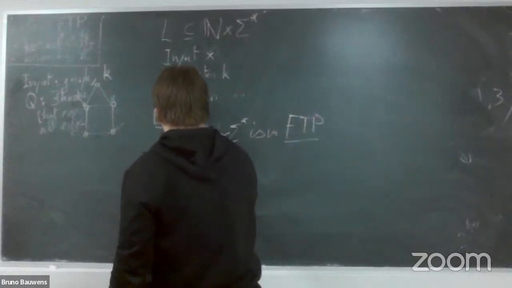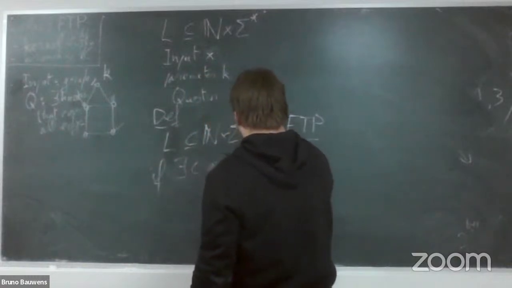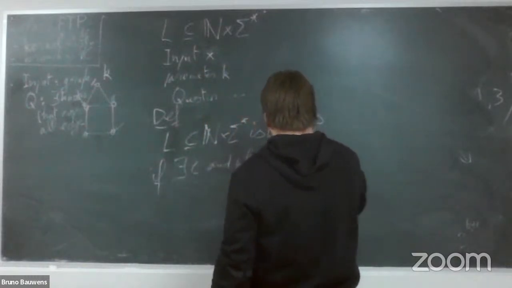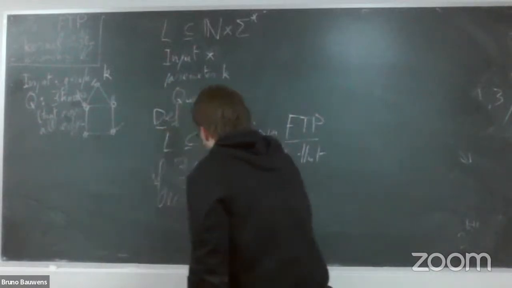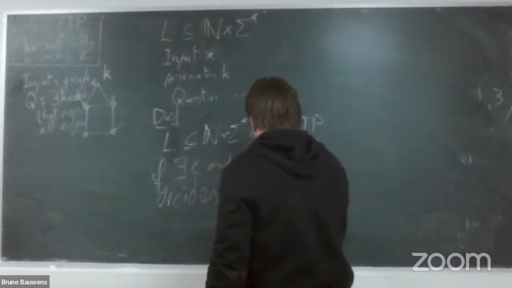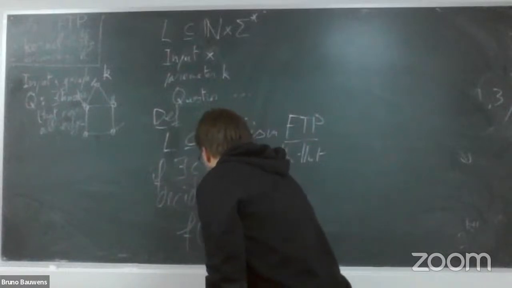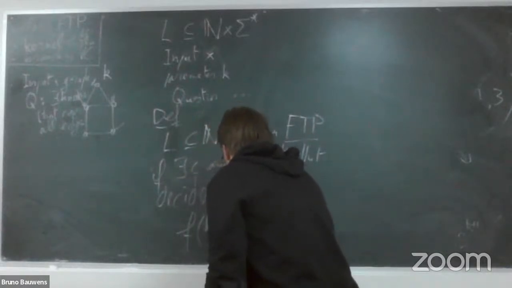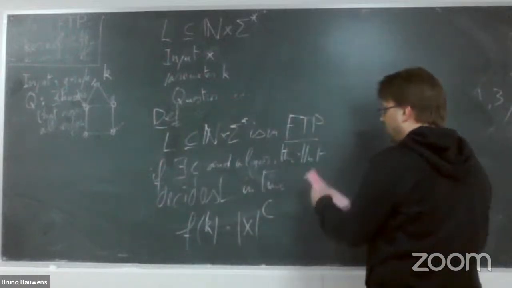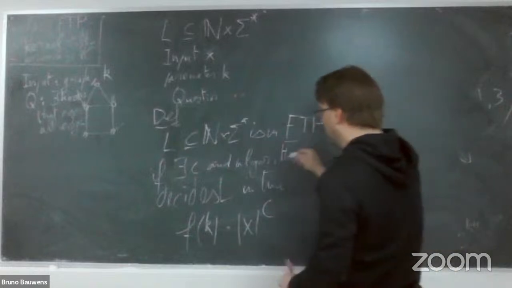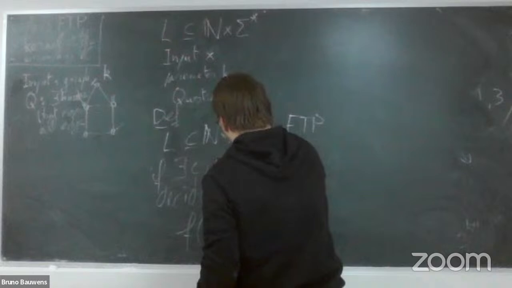if there exists a constant C and an algorithm that decides L in time f of k times length of X to the power C. Oh, sorry, and we also need the function f. So f needs to be a computable function.